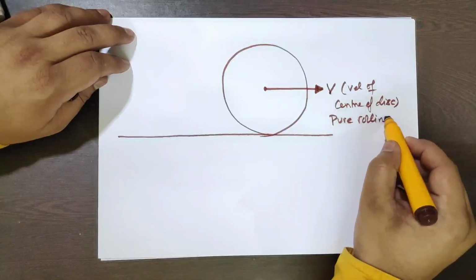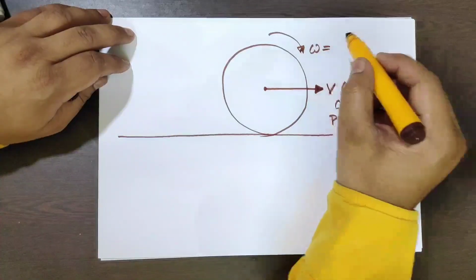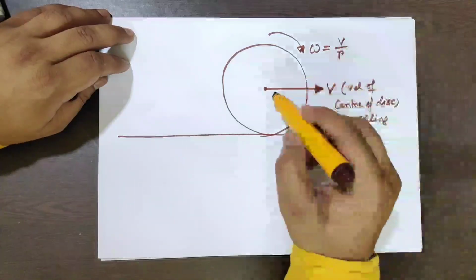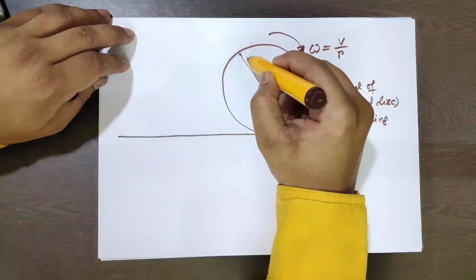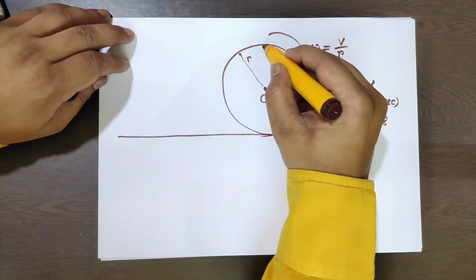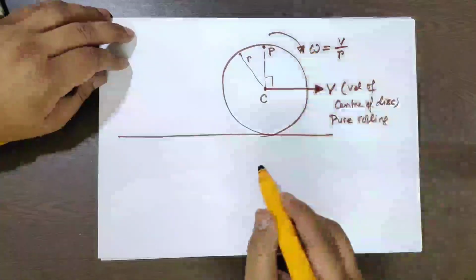So the angular velocity is v divided by R, if R is the radius. Suppose this point is C and this point is P. At this moment this point is vertically above C.